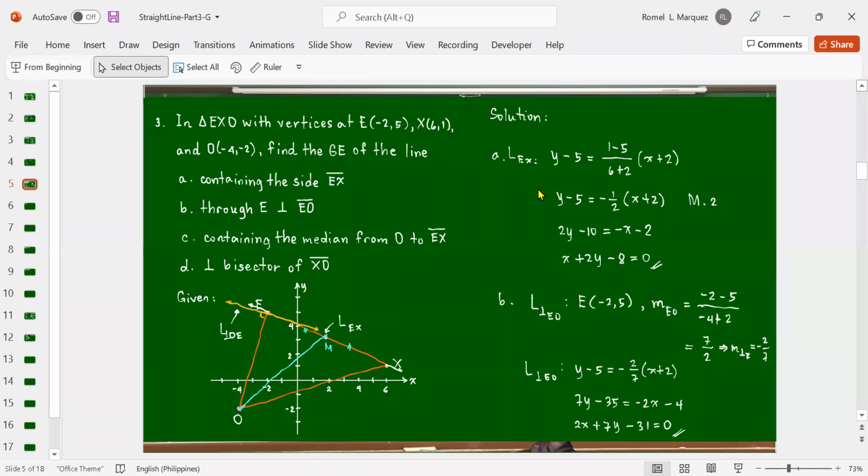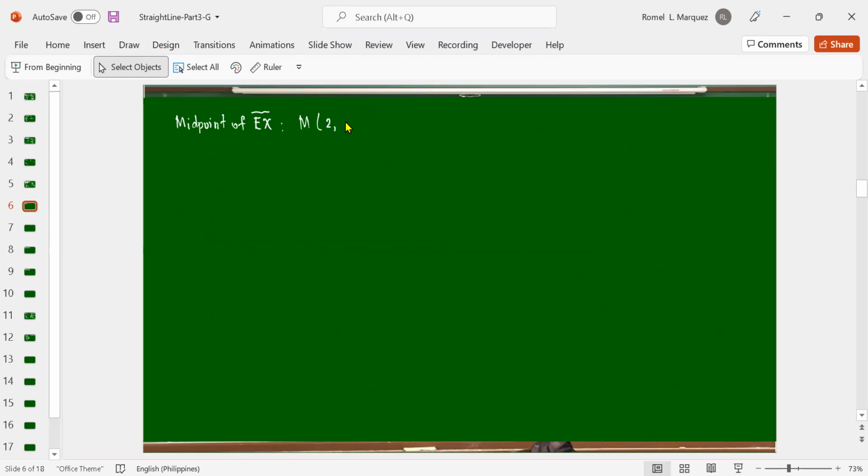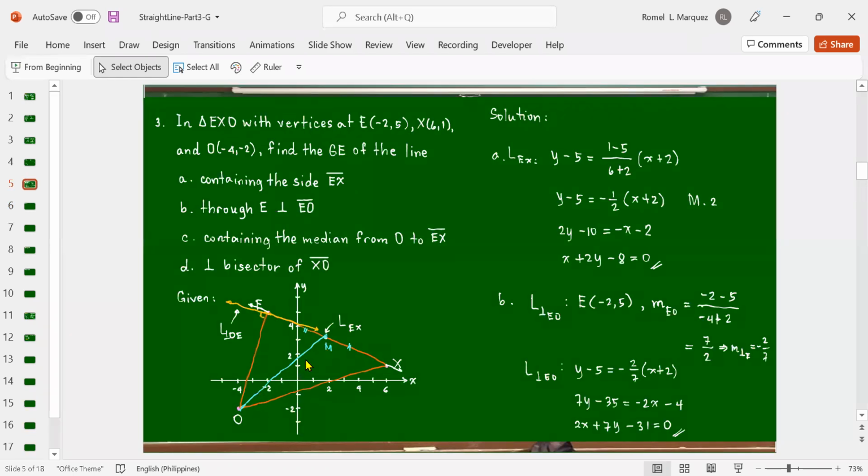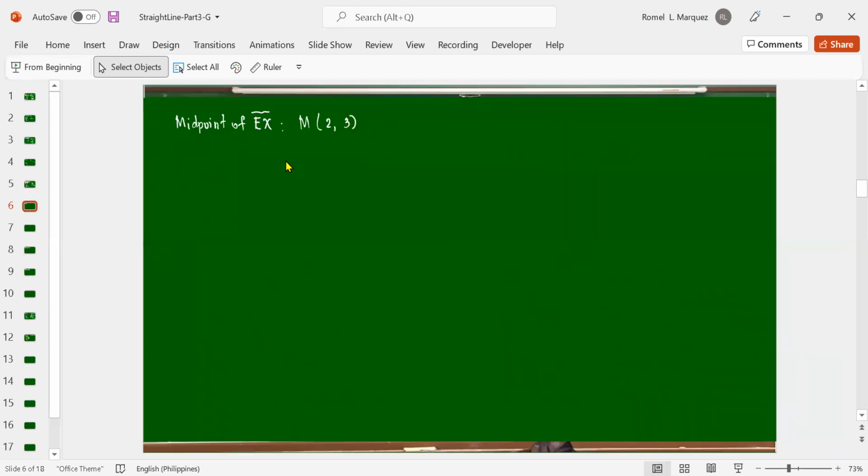And then 5 plus 1 is 6, divided by 2 is 3. Okay. And what about the equation of that line containing OM? So we have 2 points, O and M. What is O? Negative 4, negative 2. So we're going to use O, negative 4, negative 2.